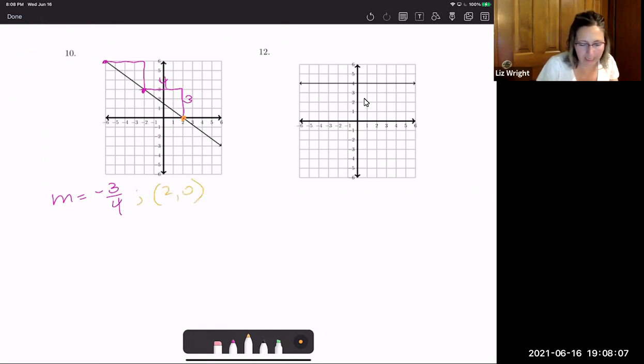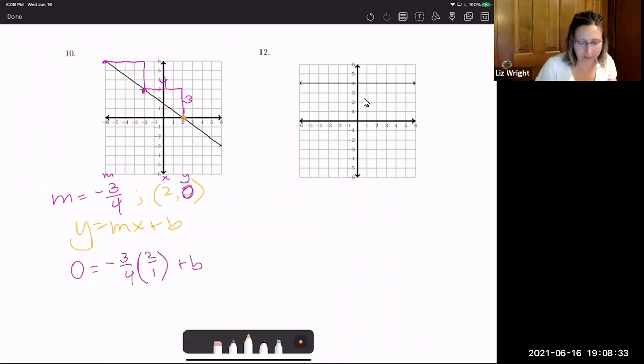And I'm going to plug it in to my y equals mx plus b. And so my y for this one is going to be 0, because this is my x and my y and my m. So I'm going to do 0 equals negative 3/4 times 2/1 plus b.